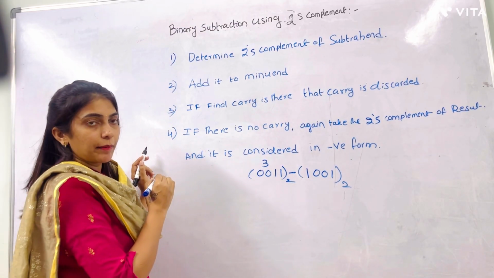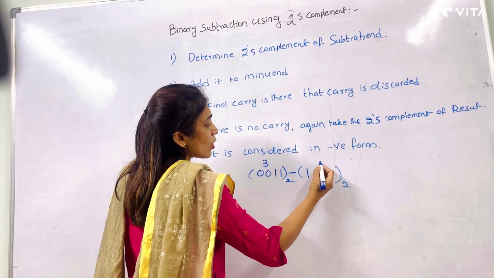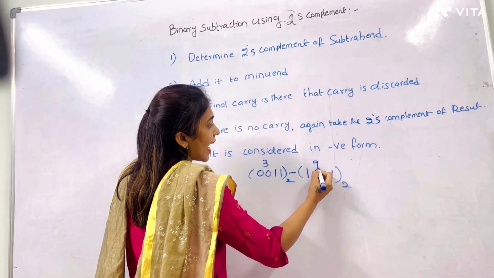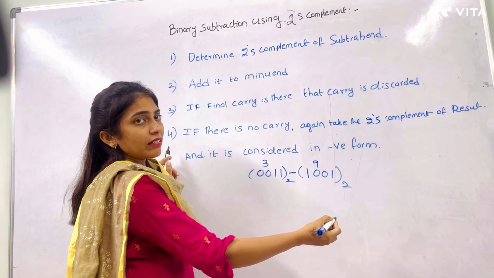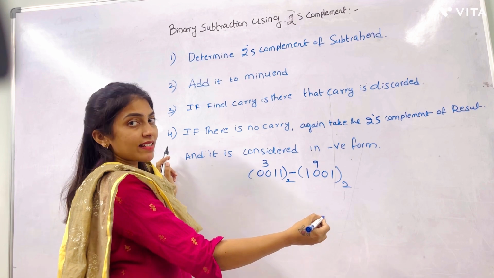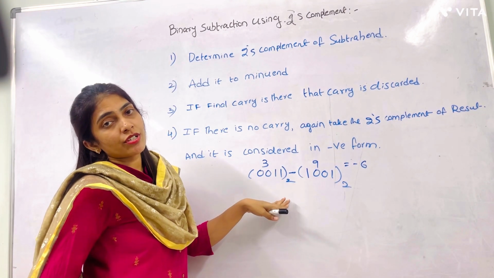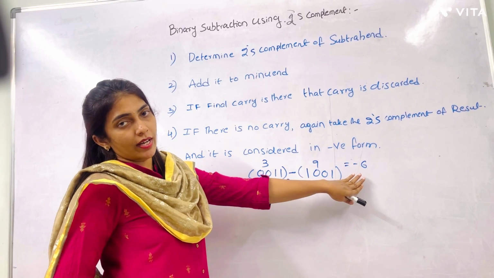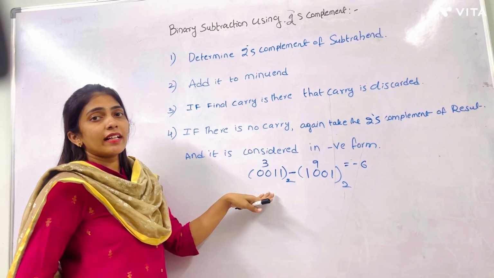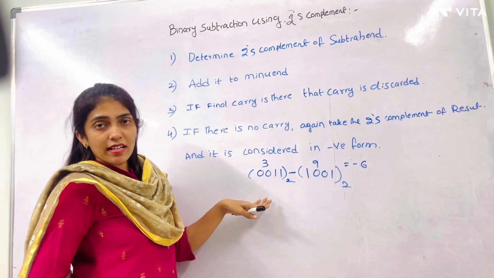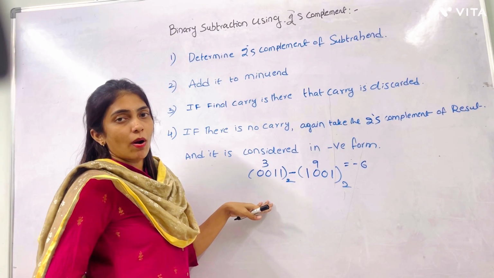Decimal answer is 3. Next 1001 decimal answer is 9. So 3 minus 9, answer is minus 6. Decimal subtraction we got minus 6. Now we'll take the binary subtraction using 2's complement method.